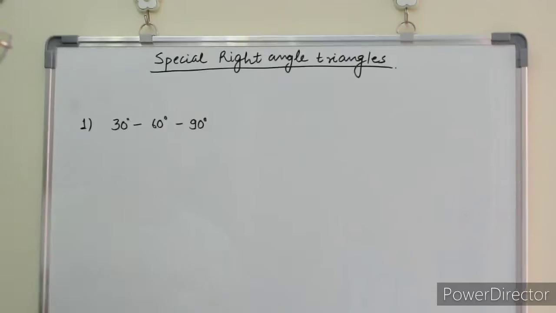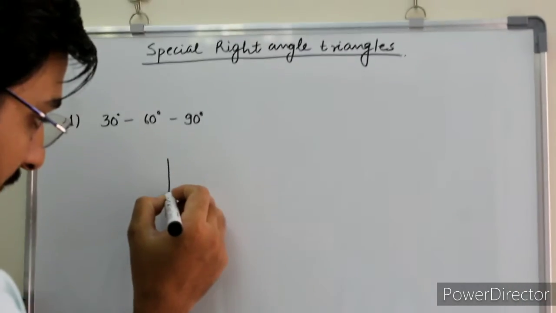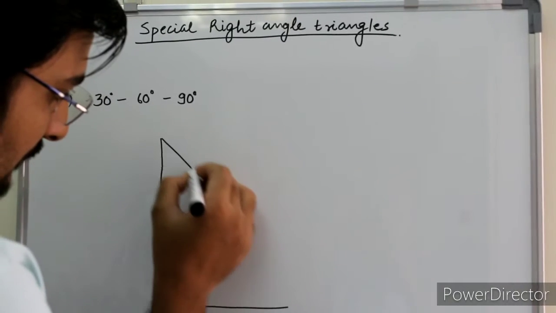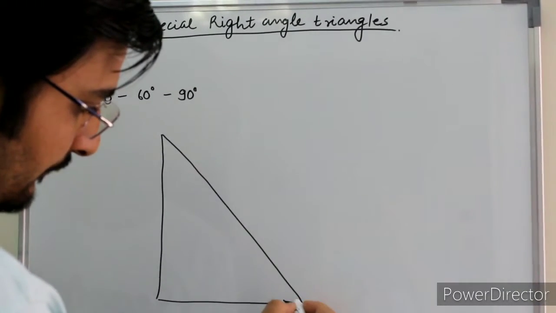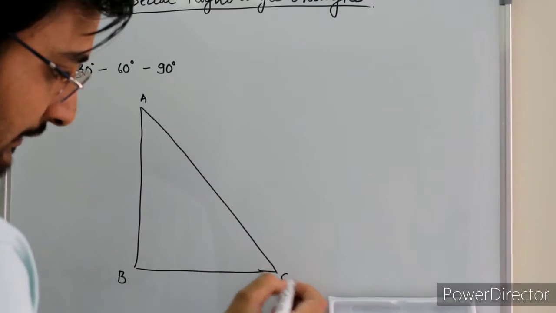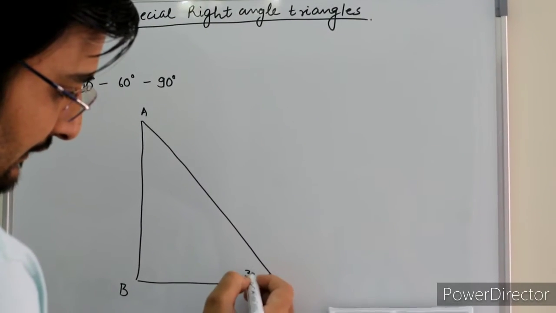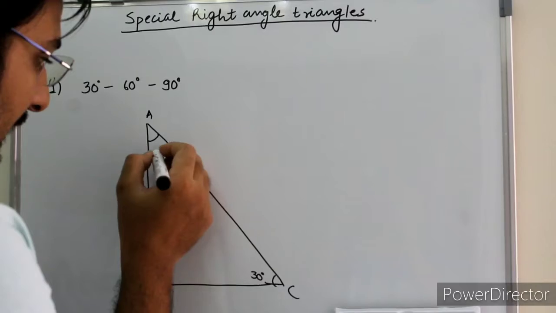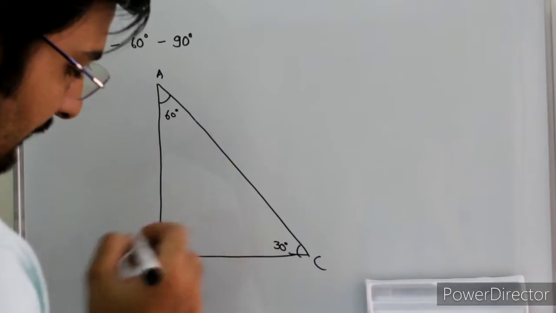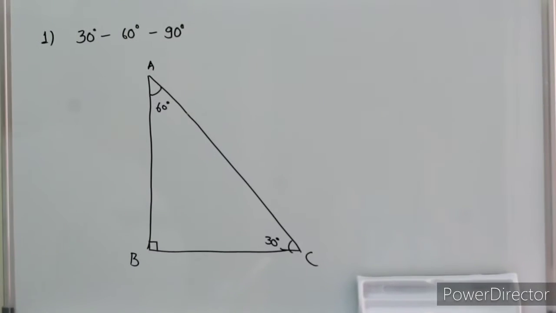So let me first draw the triangle. Let us label it as ABC, and this angle is 30 degrees, this angle is 60 degrees, and that is the 90 degree angle. So there is a relation.